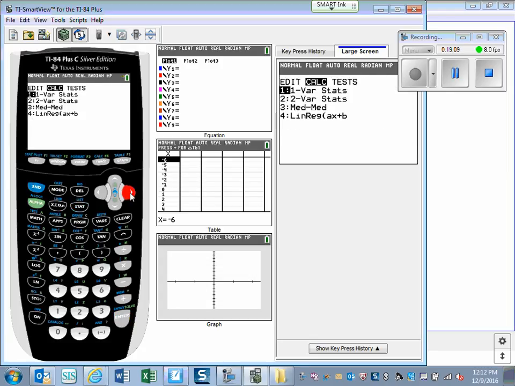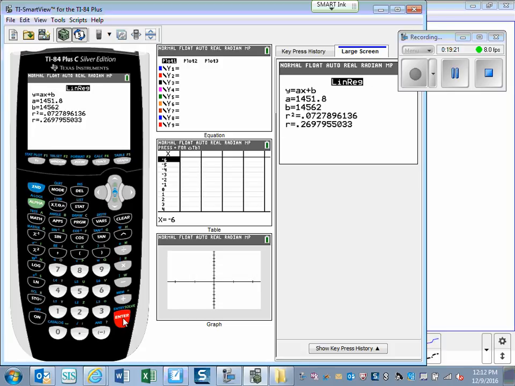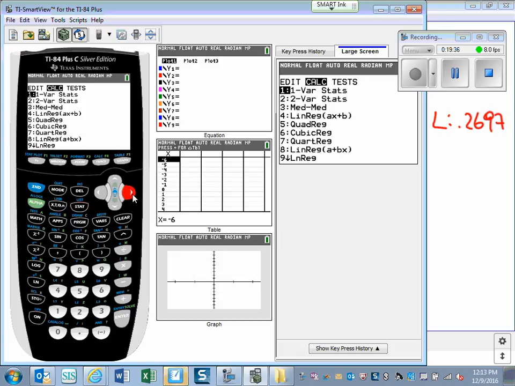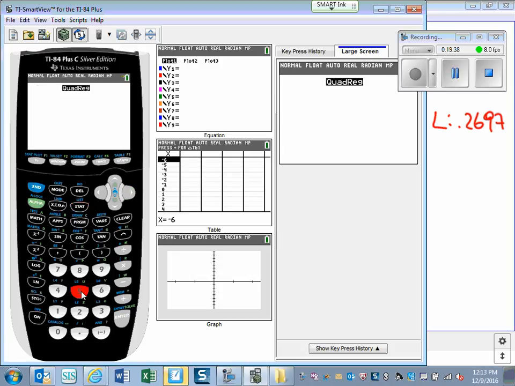Okay, so I entered my data, I go to start calc, I will estimate all 4 models, starting with the linear. So the linear gives me R, which is 0.2697. Go to the next one, quadratic.